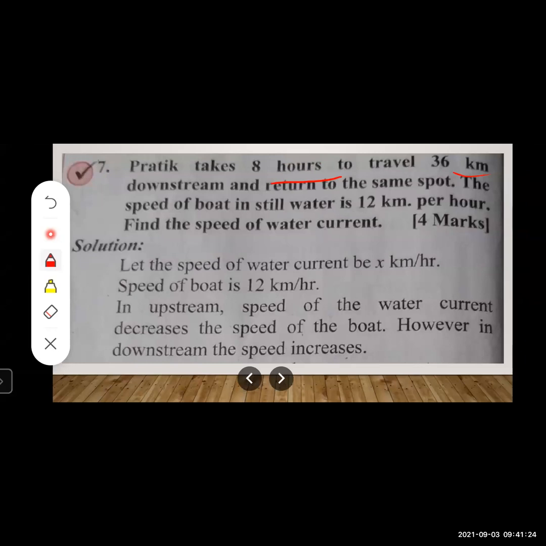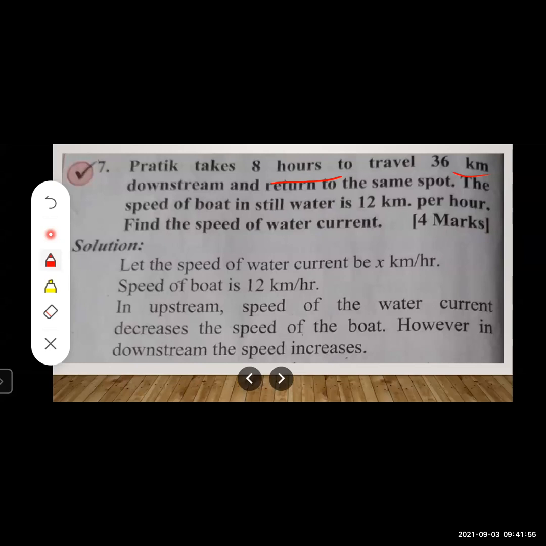And how much time does Pratik take? Pratik takes 8 hours to travel 36 kilometers downstream and return to the same spot. Means total for going down and coming back up, it will take how much time? 8 hours in total for downstream and upstream, right?